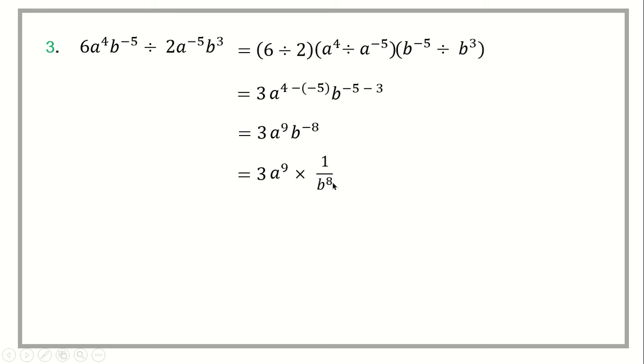Now, we can actually form a fraction by making 3a to the power of 9 out of 1, such that we get 3a to the power of 9 times 1 out of 1 times b to the power of 8. And this gives us 3a to the power of 9 out of b to the power of 8. And that will be our final answer.